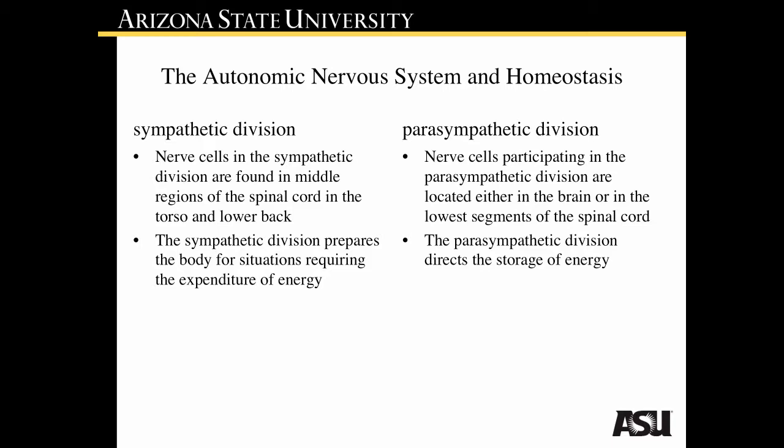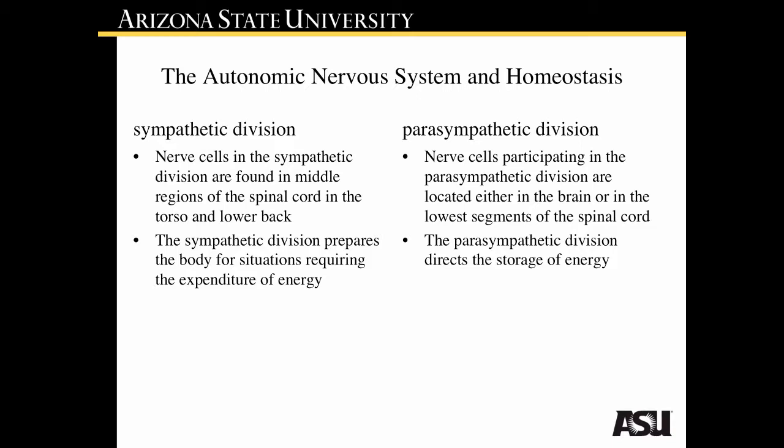So the sympathetic division, these nerve cells are found in the middle regions of the spinal cord, the torso, and the lower back, and basically prepare our body for expending energy. So that's the critical part of the sympathetic division. When we feel like we need energy quickly, probably because of a stress or some emergency or so forth, the sympathetic division jumps into action.